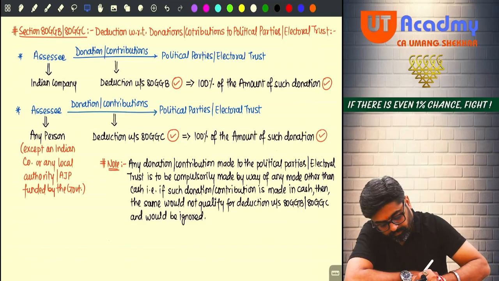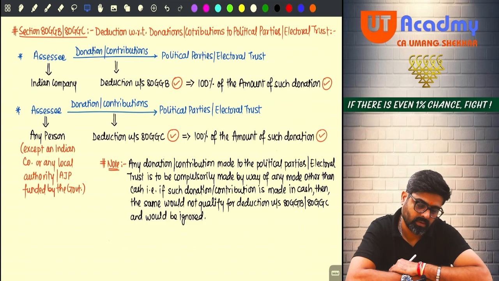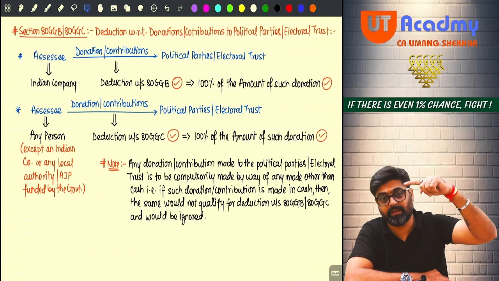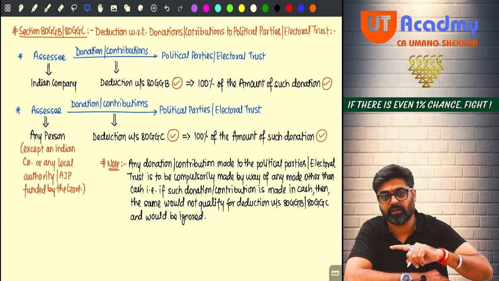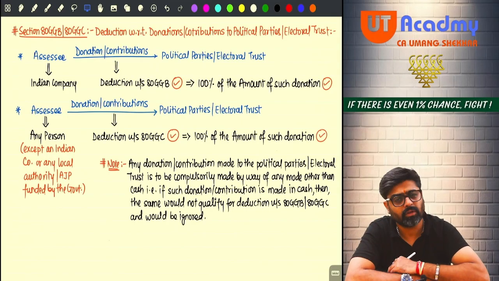Tell me about any local authority or AJP. Can a local authority or AJP donate? Yes, they can also donate, but their donation will not be allowed under 80GGB, it will be allowed under 80GGC, because they are a person other than an Indian company, yes or no? So even they can donate.